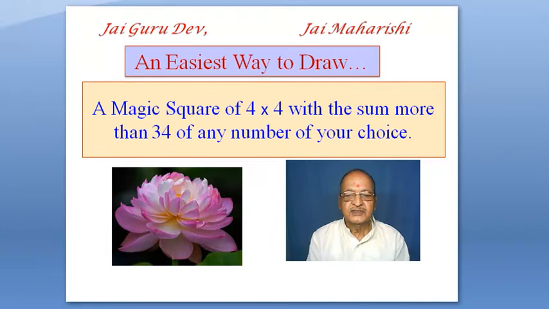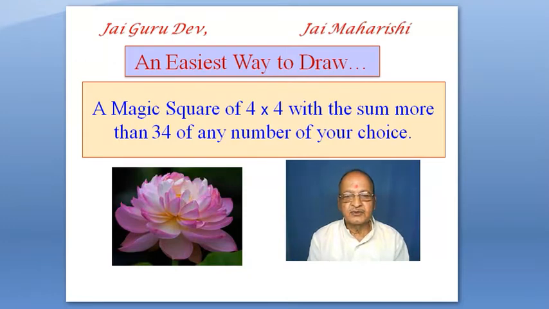Because with 1 to 16, 2, 3, 4, 5, 6 till 16, if I make a magic square, its sum will be 34. So for a bigger number, more than 34, we have to take some other number.